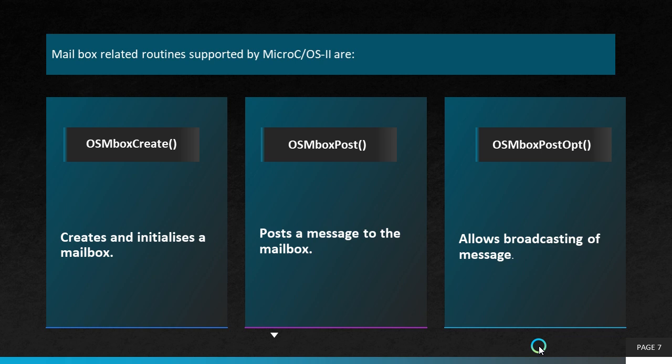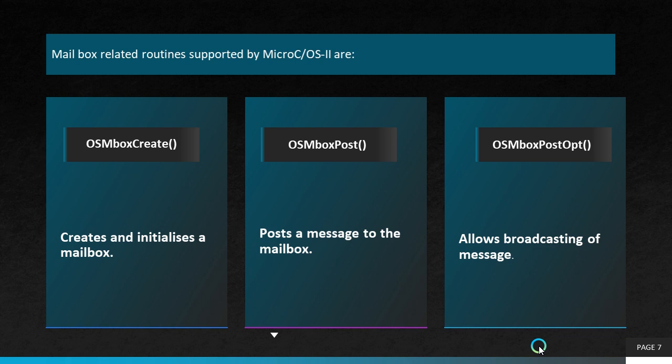First one is OSMboxCreate(). It is used for creating and initializing the mailbox. It takes a pointer as a parameter that holds the initial message. Then the second one is OSMboxPost(). Here it is used to post a message to the mailbox.